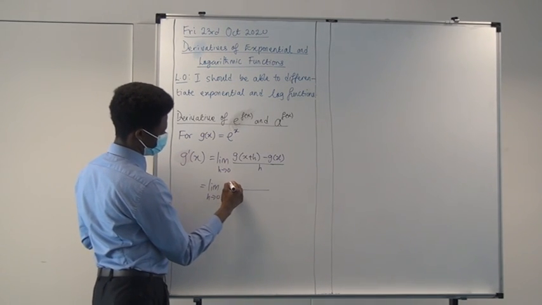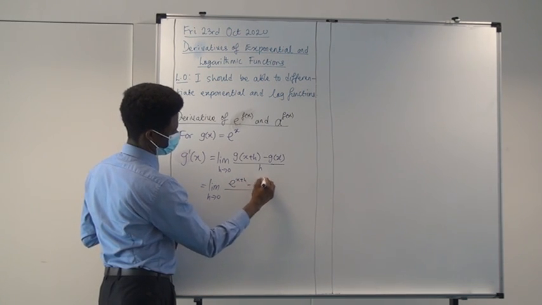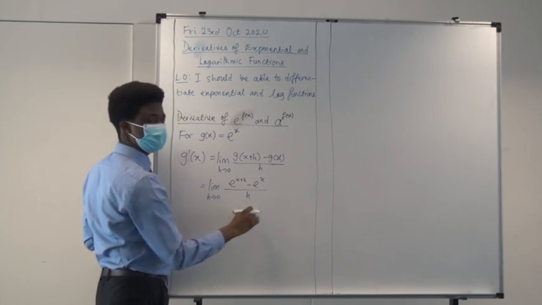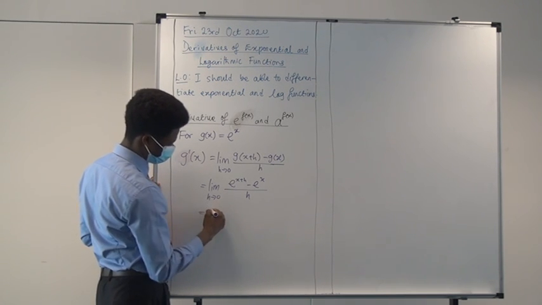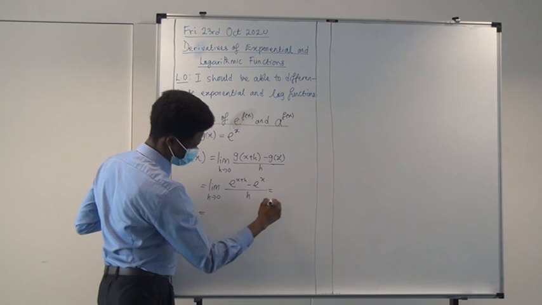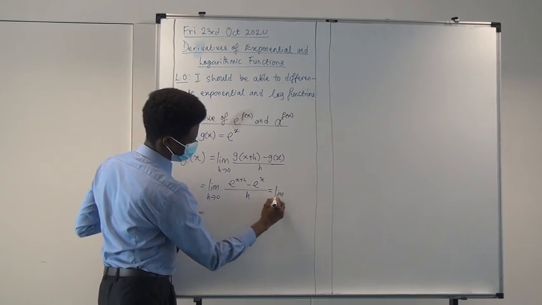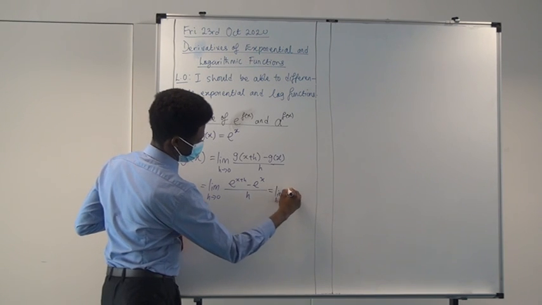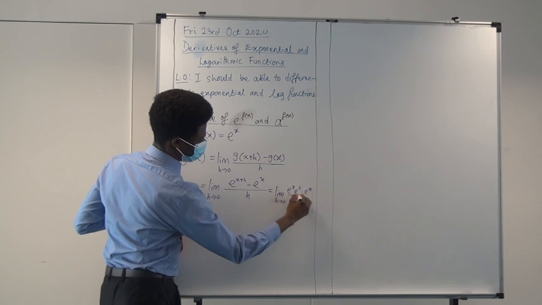That will be exponential what? x plus h, minus exponential x divided by h, right? Which would have been limit, I'm trying to save the space. exponential x, exponential h, minus exponential x. Can you see that?